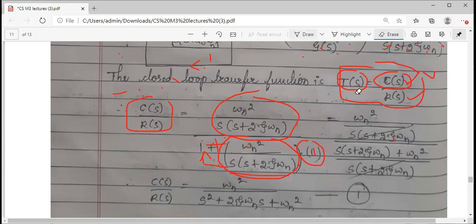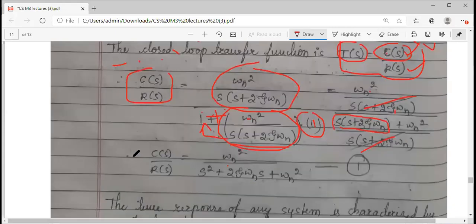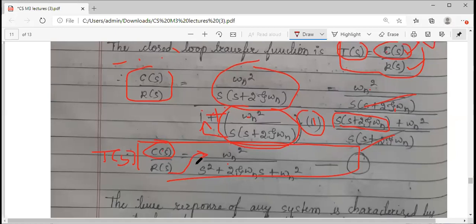Further simplification, denominators gets cancelled, you will be left with omega n square divided by, just open this bracket, you will get S square plus 2 zeta omega n S plus omega n square. So this is the equation you get for transfer function. This is your T of S. So from this, you can get C of S. How? Just take this R of S multiplication here.